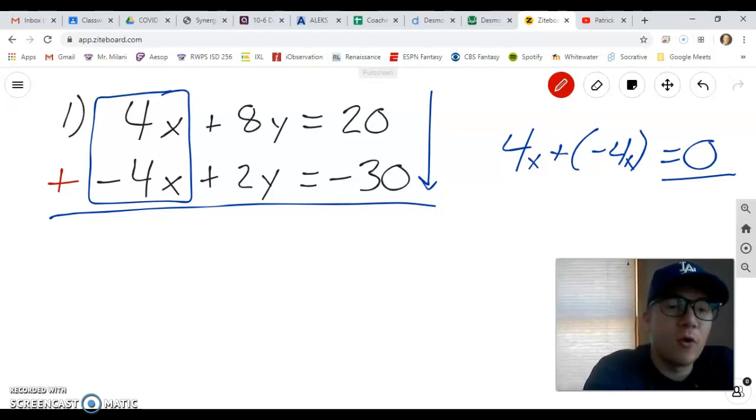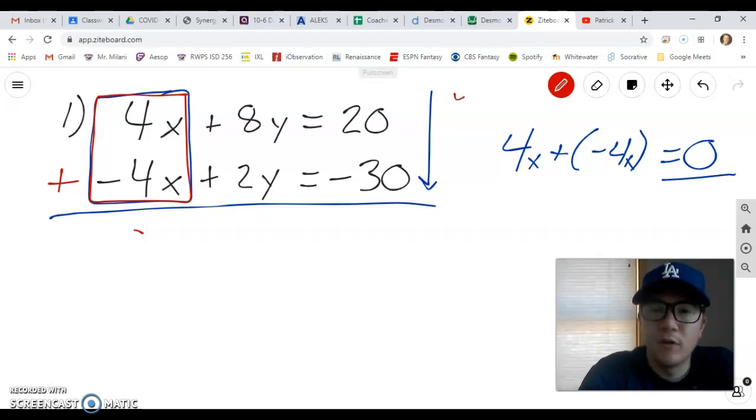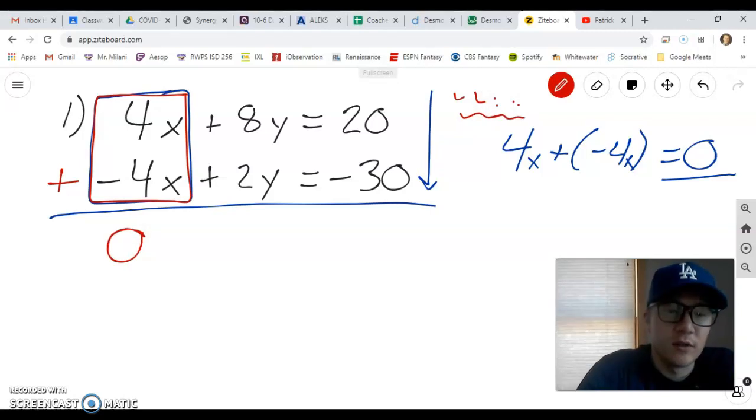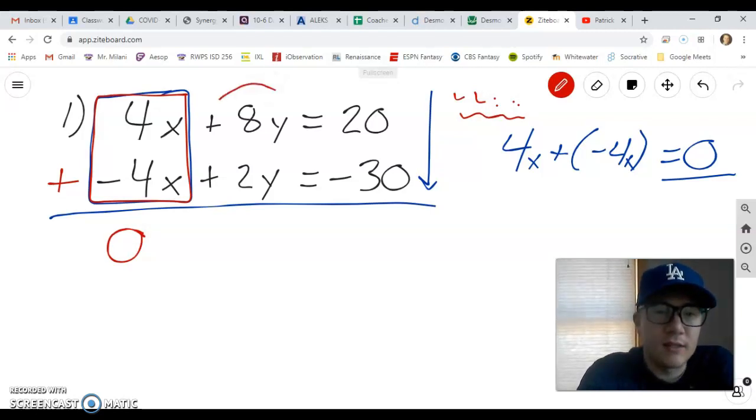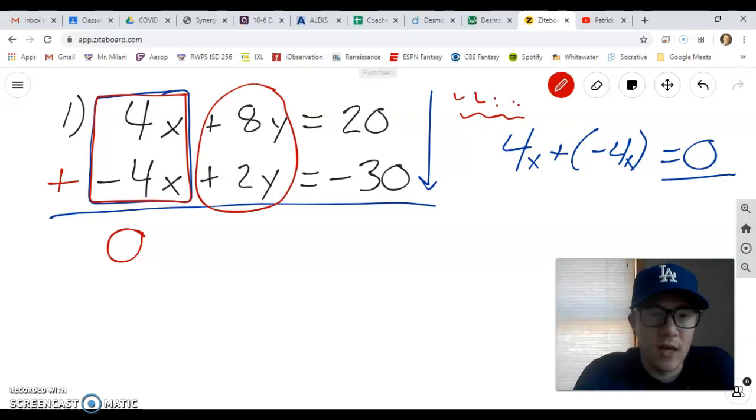So we've got our 4x plus a negative 4x. And that's going to cancel out to be 0. 4x plus negative 4x is 0. Now we've got this 8y lined up with another y term. We've got 8y plus a positive 2y.